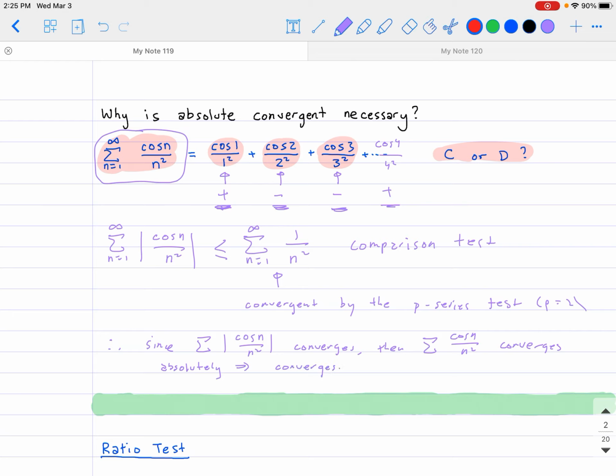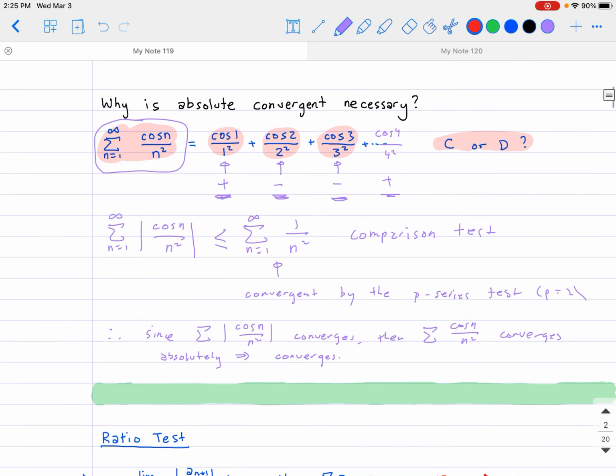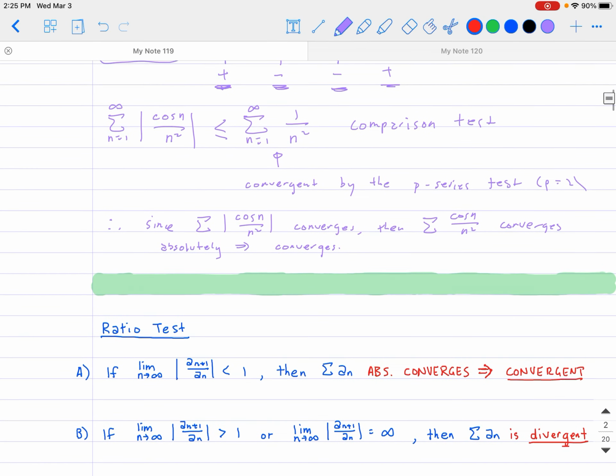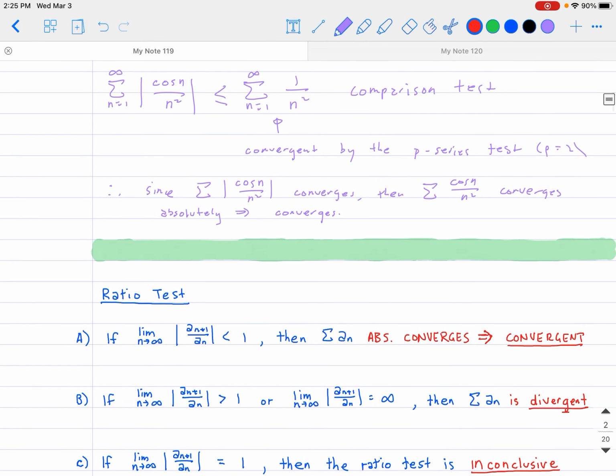Okay, so that's now the official way to write a proof where you don't actually have alternating terms or everything all positive.